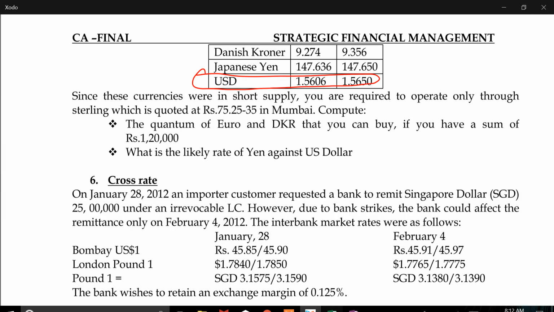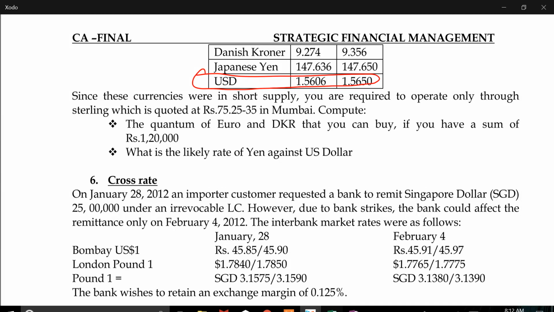Full stop. However, for pound it will be a direct quote for USA. Direct quote for USA. Full stop.